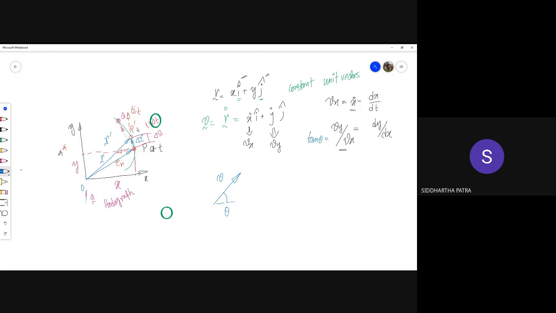As you know, dy dx is the slope of the curve at that point. What do I mean by slope? Even for that line, if I take an angle theta with the horizontal, tan theta would be essentially dy dx.